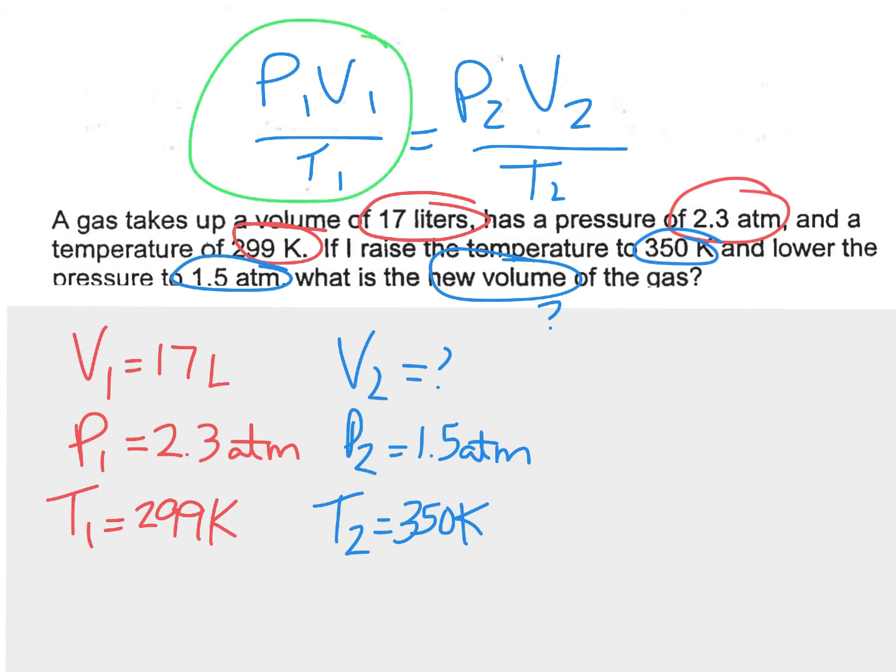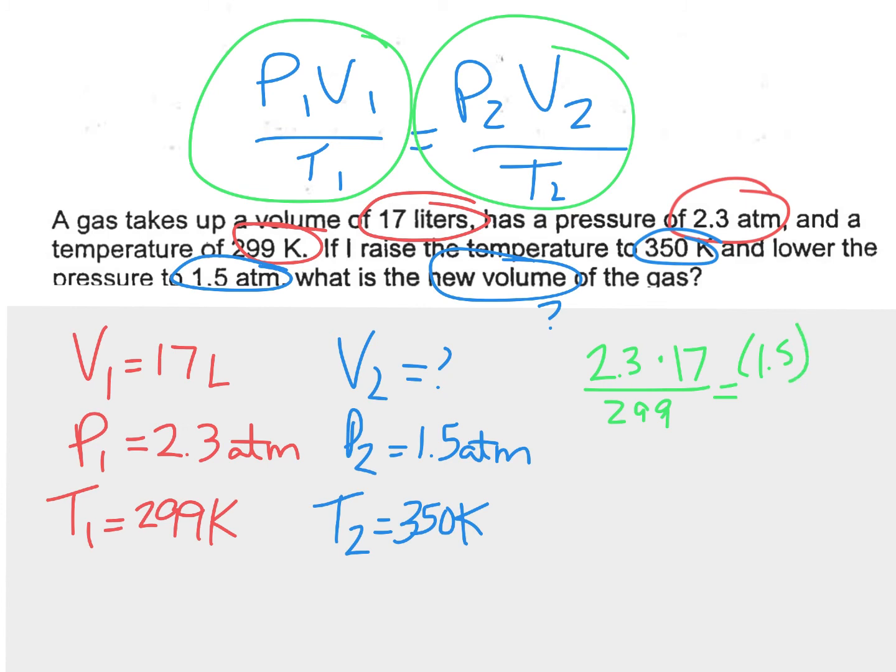So we're going to do P1 V1 over T1. So it's going to be 2.3 times 17 divided by 299. And then on the right side, P2 V2 over T2. P2 is 1.5. V2, I don't know. I'm going to solve for that. And T2 is 350.